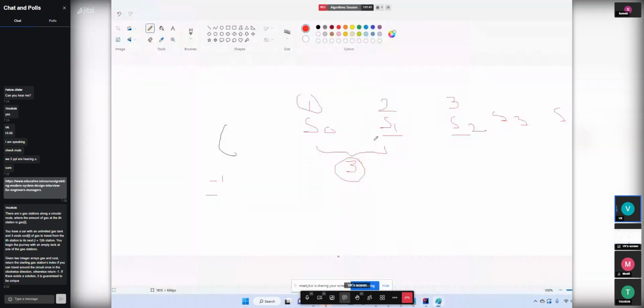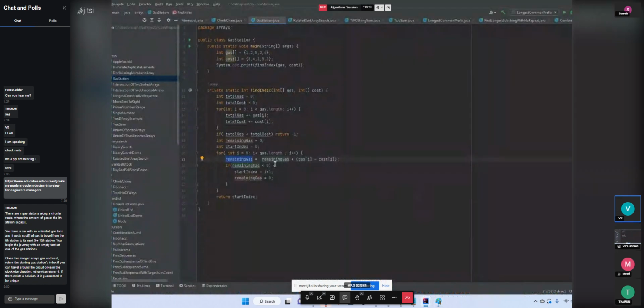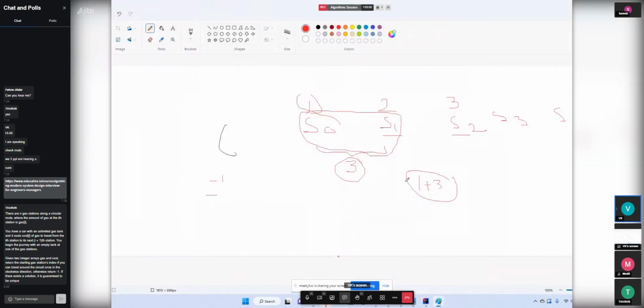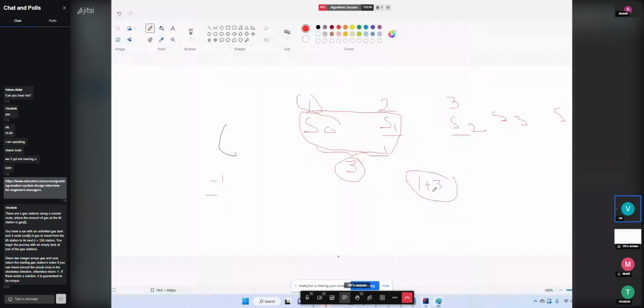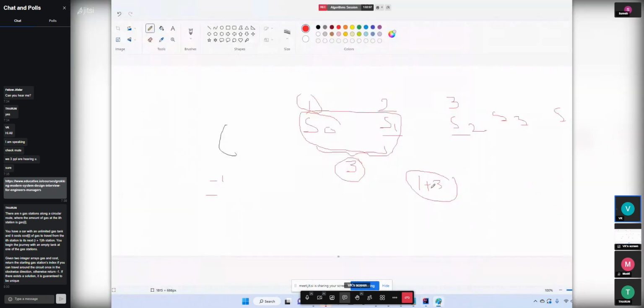Two variables: remaining gas and starting index. Then I am checking the remaining gas from the first iteration. I have availability 1, minus the total gas required, the total liters required to move to the next station, 3, right? 1 minus 3, that is minus equal to 3, minus 2.